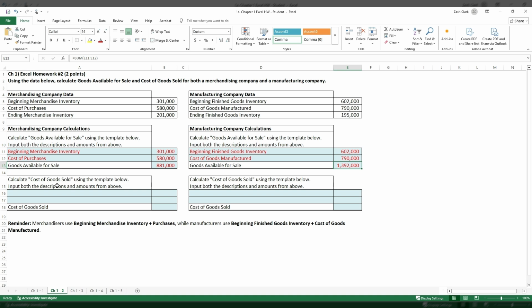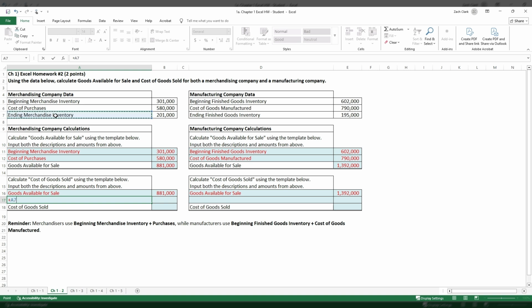And now we're going to calculate cost of goods sold. We're again going to put the descriptions and amounts, and we're just going to carry down the cost of goods available for sale. Again, the cost that we could have sold in total from the period is that. How we're going to figure out what we actually did sell is to put in the ending merchandise inventory here. Basically what's left over.